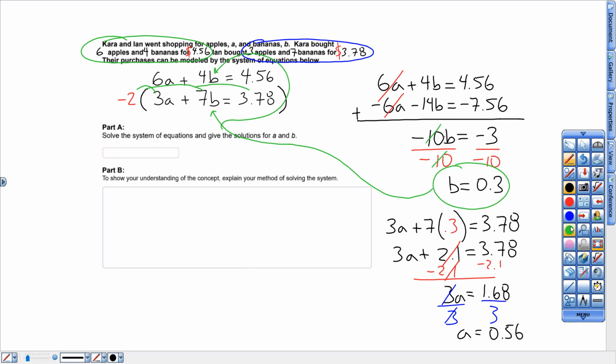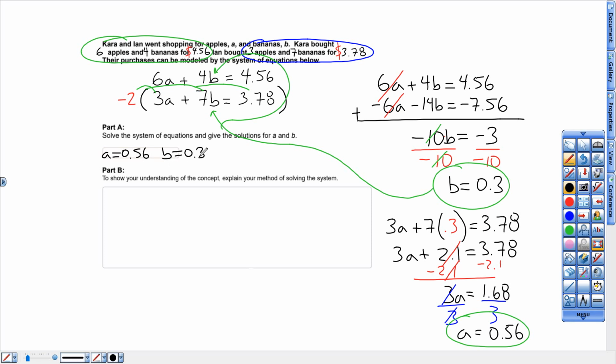Again, real similar to what you'll be looking at. So my answer is here, A. Second word is surf, surf. A is 0.56. B is 0.3 or just 0.3.